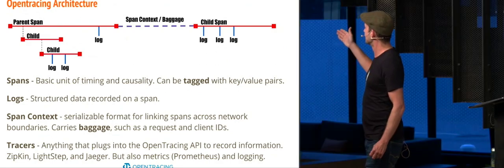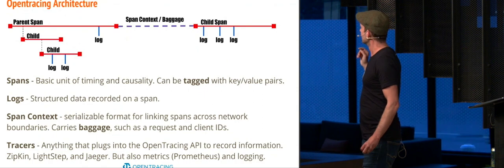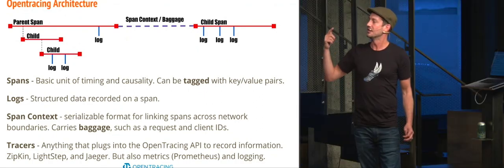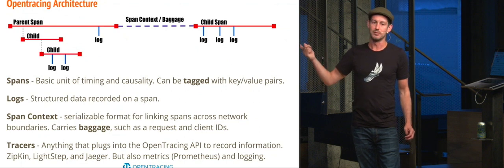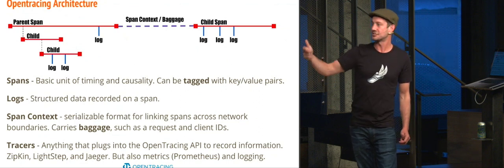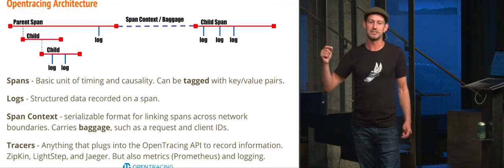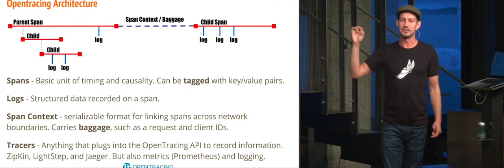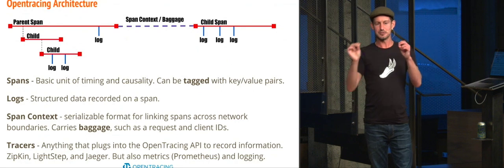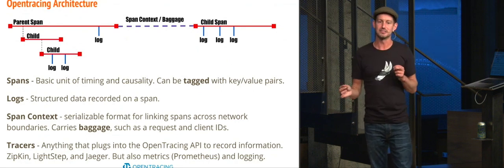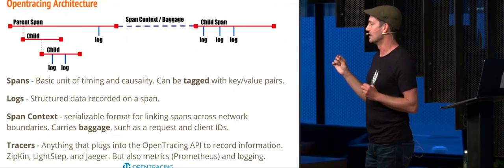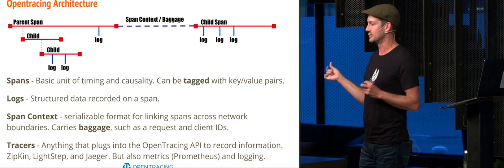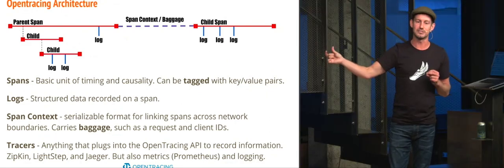Another important piece of information here is baggage. So one thing you can define on your spans, in addition to tags, are pieces of baggage. Baggage, again, are just key value pairs, so they're no different than tags. The key difference is baggage is propagated. So child spans inherit the baggage of parent spans, and when that span context is serialized, it carries the baggage across the wire.